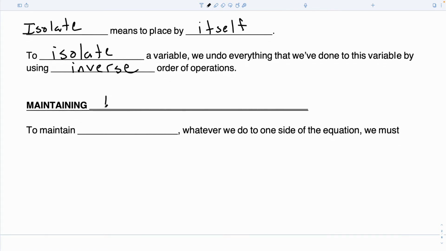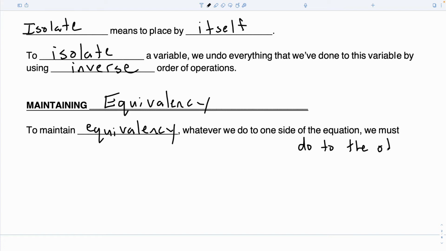To maintain equivalency with an equation, you have to do the same thing to both sides. Whatever you do to one side, you must do to the other. That is called maintaining equivalency.